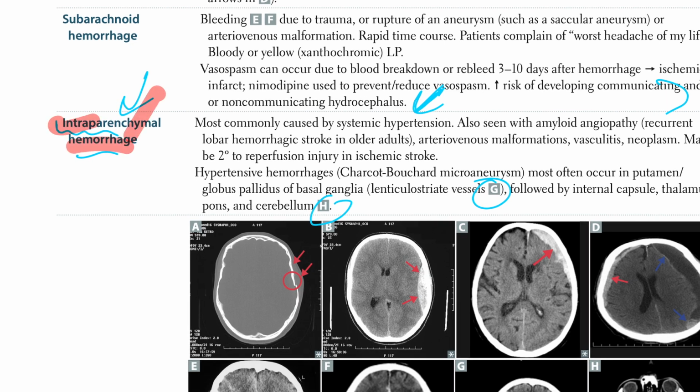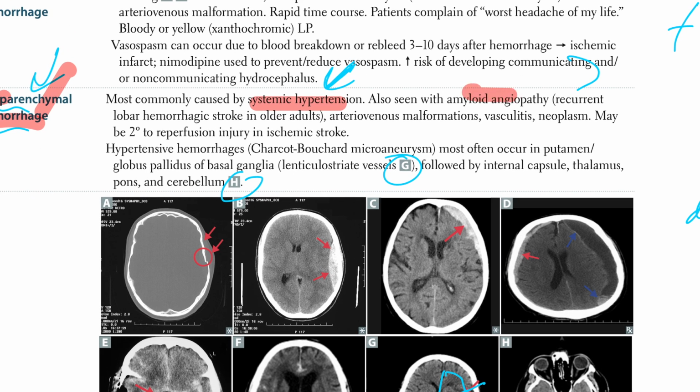Let's review this part. Intraparenchymal hemorrhage is hemorrhage within the parenchyma of the brain, due to systemic hypertension, amyloid, AV malformation, vasculitis, and neoplasm, maybe secondary to reperfusion injury.